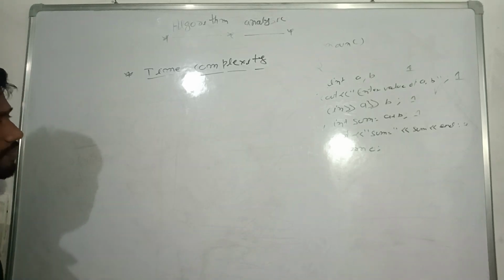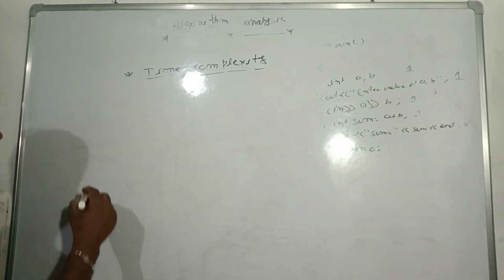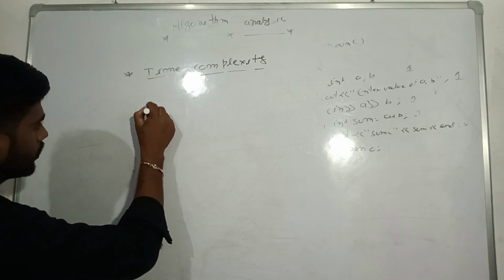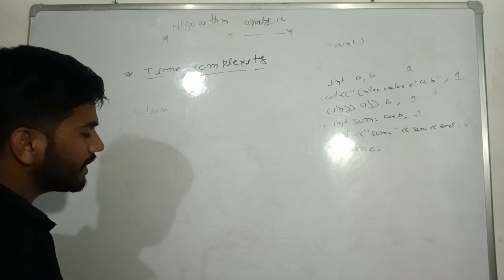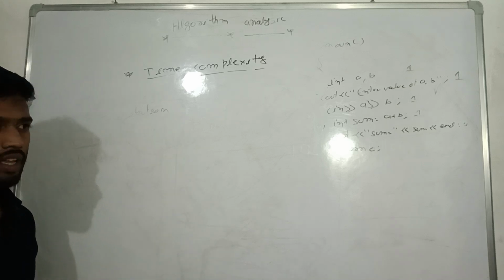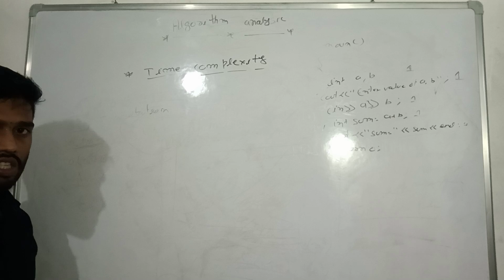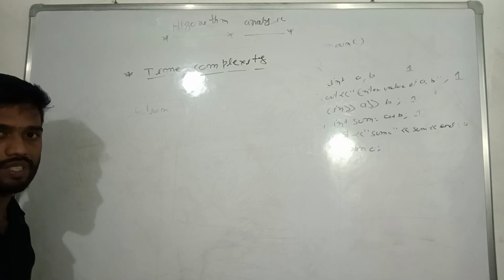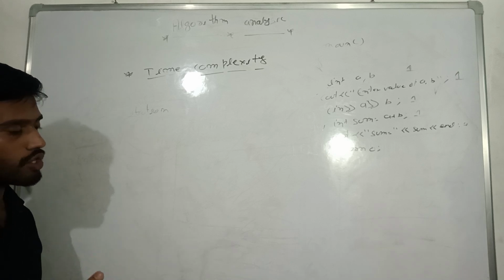The last one is omega notation. In omega notation, the algorithm analyzes the lower time complexity, which means how little time the algorithm should take to execute.